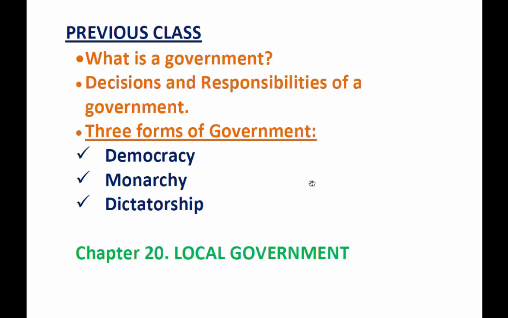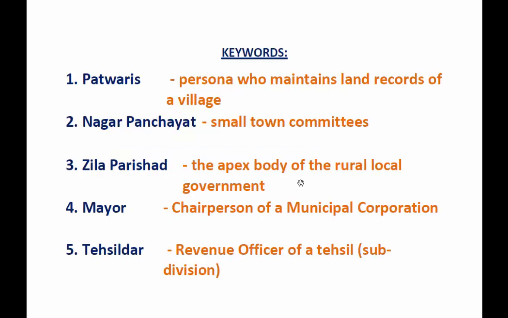So before we go into the details of this chapter, first of all, let us see together some of the keywords which will appear in this lesson. The first one is Patwaris. Patwaris are those persons who maintain land records of a village. Nagar Panchayat, small town committees.